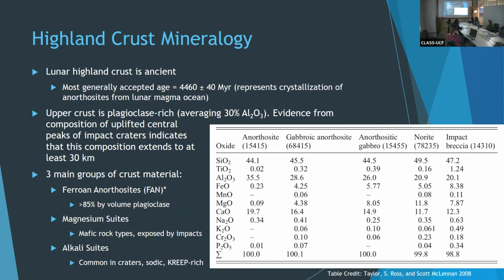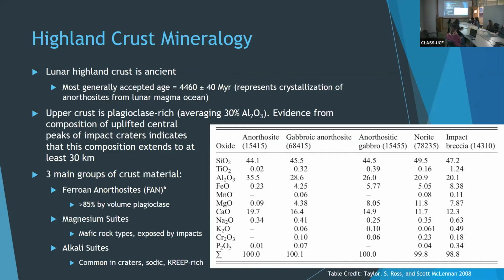So this is the main thing that we're going to see on the surface, that white material with the very high albedo. And most of these rocks are over 85% volume plagioclase, and some of them are even up to 99%. And they are also very rich in calcium, and they are what form that flotation crust of the magma ocean, but has been beat up over millions of years afterwards.